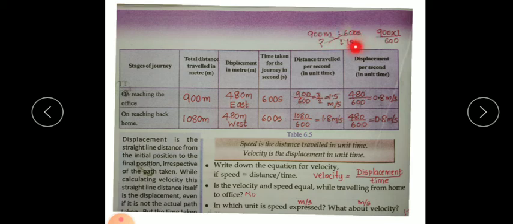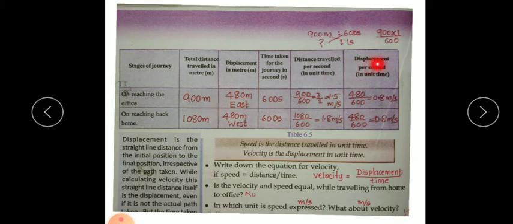Then in 1 second how much meter he traveled? So cross multiply these two and divide it by 600, so that we will get 3 by 2, that is 1.5 meter per second. He traveled 1.5 meters in 1 second, and in 600 seconds he traveled a distance of 900 meter.